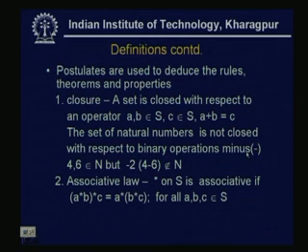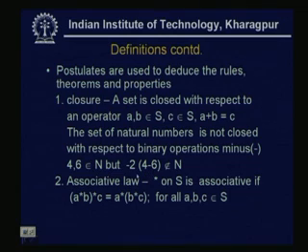If I take the operator as binary minus, then A equal to 4 and B equal to 6 are two elements.